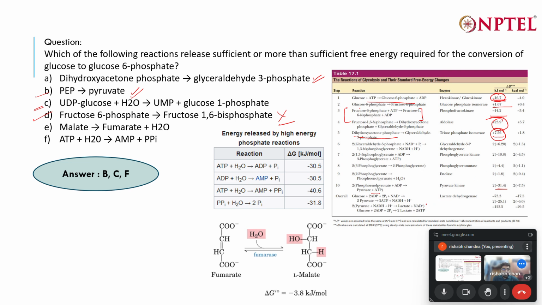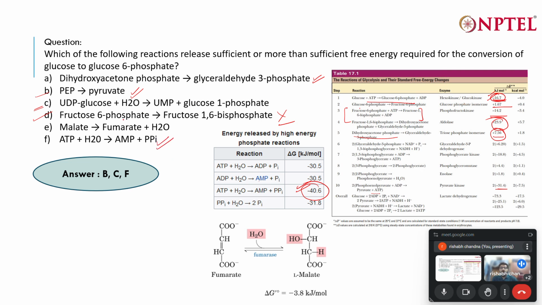Then moving on to the second step, that is ATP. Okay, so if we see, when ATP is actually converted to AMP directly, it releases the amount of energy that is minus 40.6 kilojoule per mole. Okay, so it's actually more than the required amount, that is minus 16.7 kilojoule per mole. So yes, this is also correct.